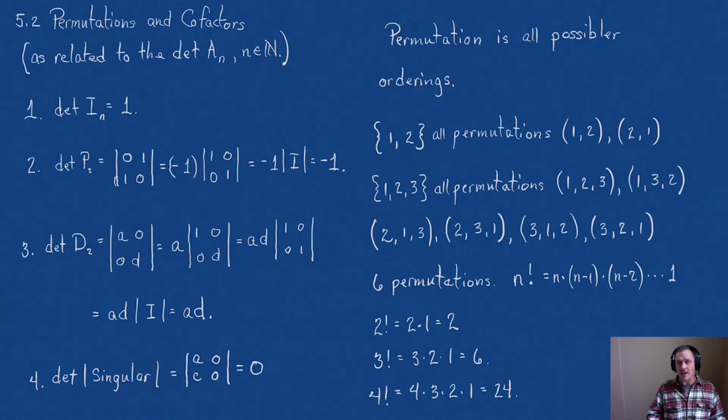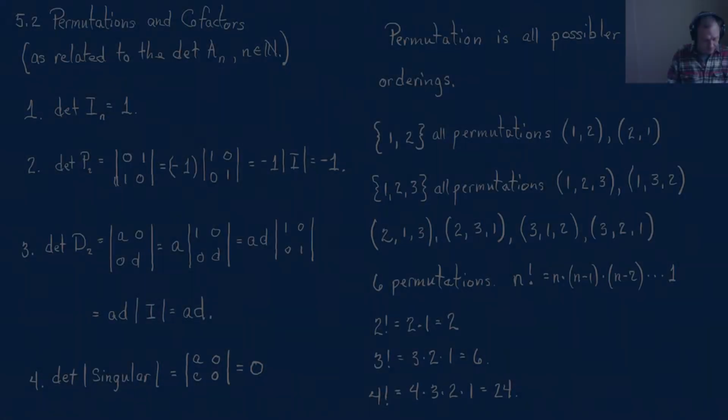Okay, now we're going to use this information and the properties, and we're going to develop the formula for a determinant of a 2x2 matrix. So I'm going to grab a fresh screen.